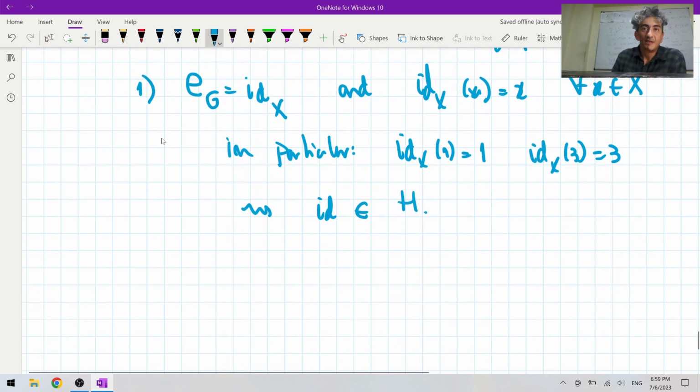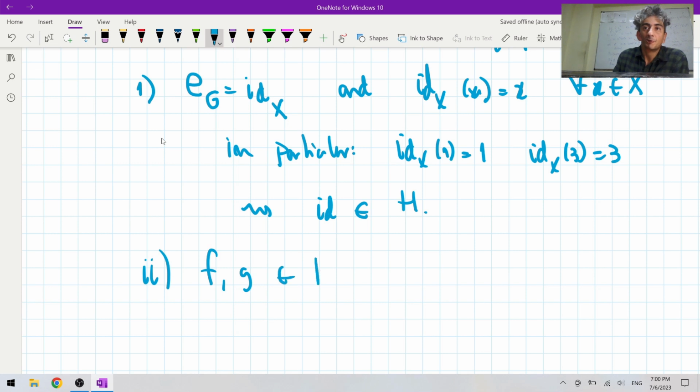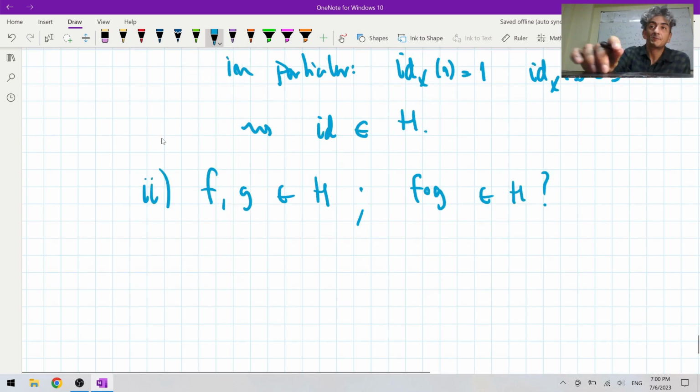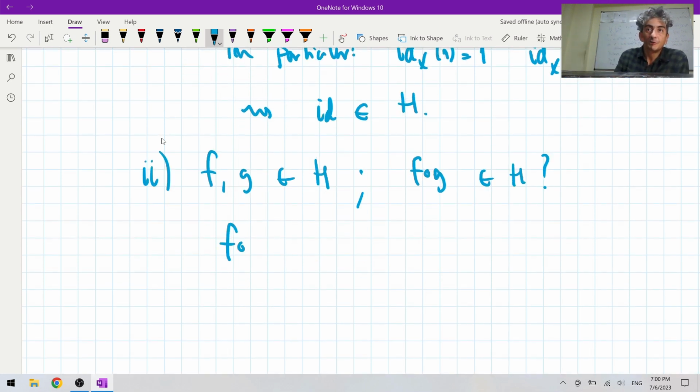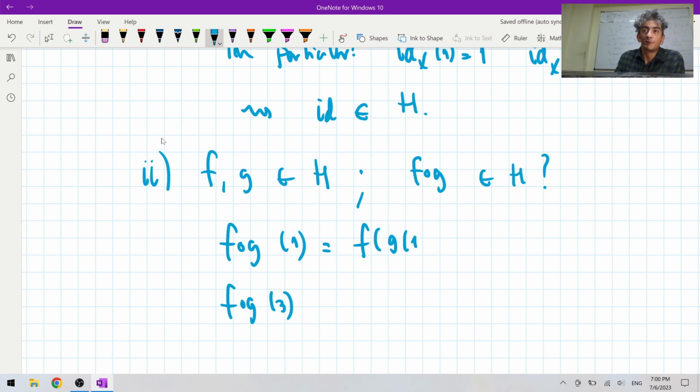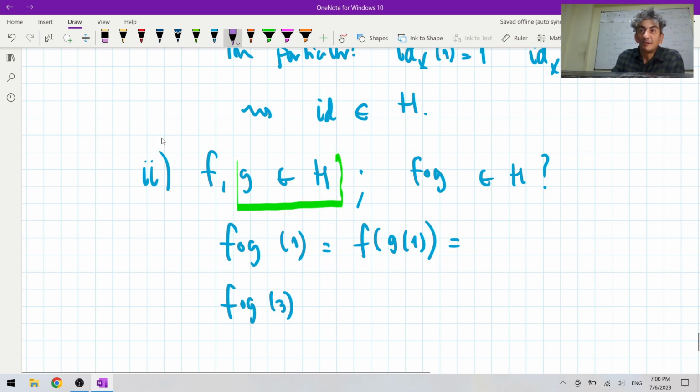Now, let's take f and g belonging to H. We'll need to show that the composition also belongs to H. And that's easy, right? Because all we need to do is see what this composition does to number 1 and what this composition does to number 3. By definition, this is f applied to g of 1. And since g belongs to H, g of 1 needs to be 1.